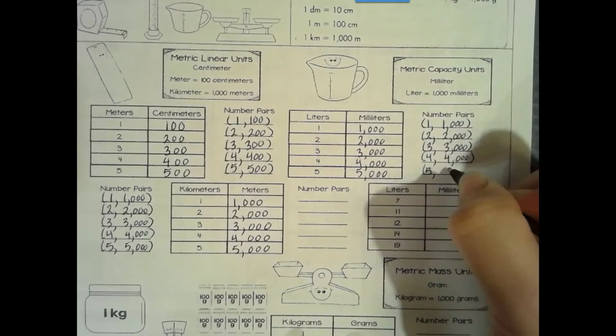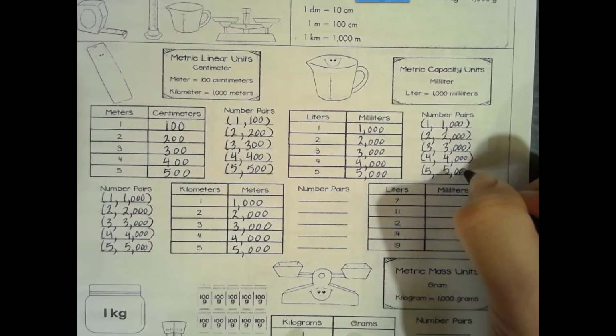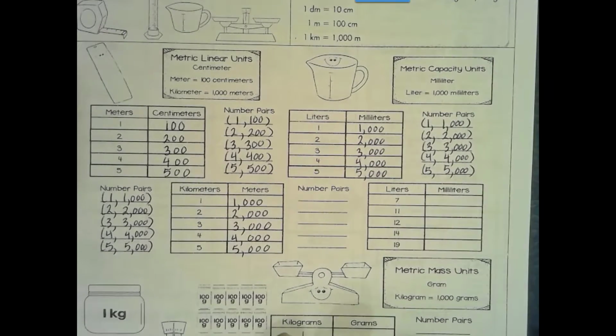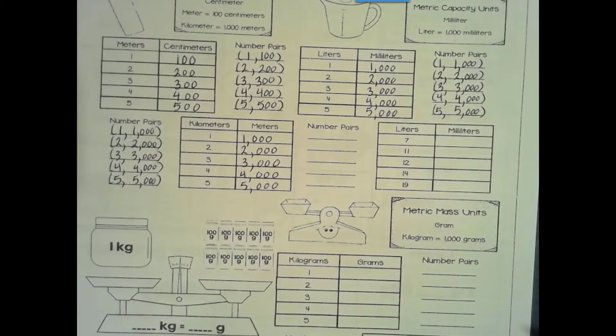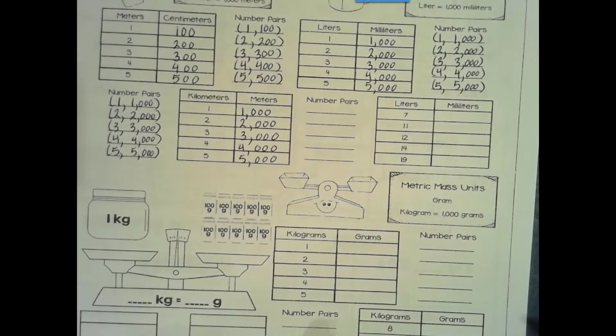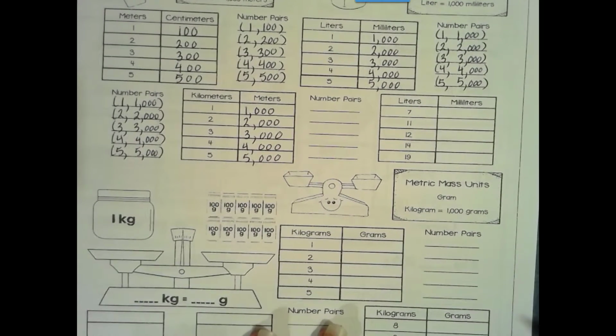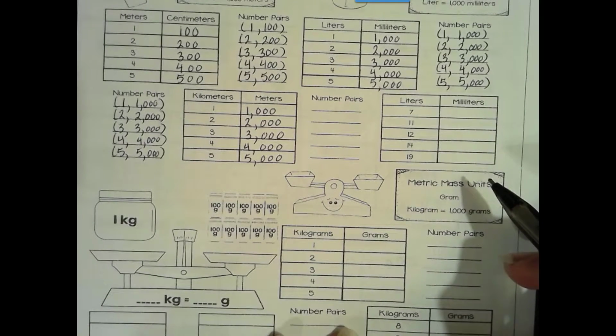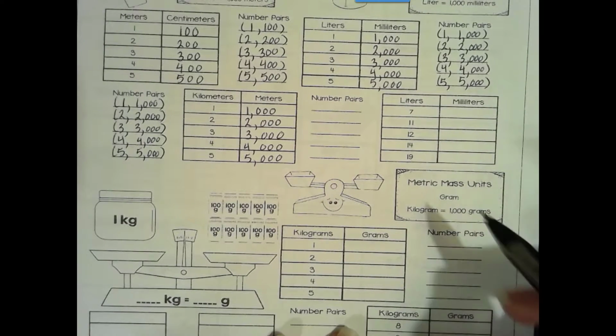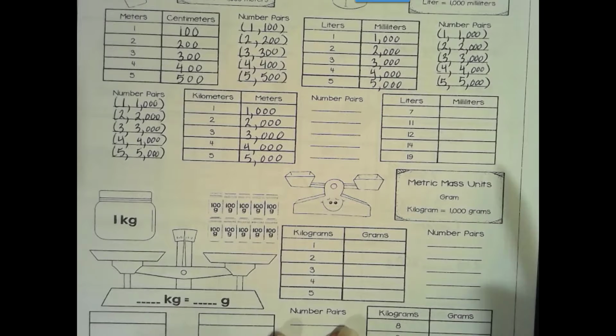So for every 5 liters, there's 5,000 milliliters. The nice thing with the metric system is conversion is very, very easy because we're multiplying by the tens, hundreds, thousands, or dividing by them. So things are just moving over places.